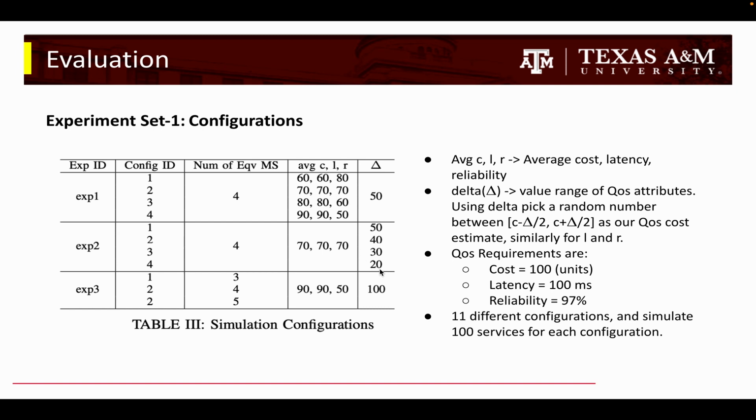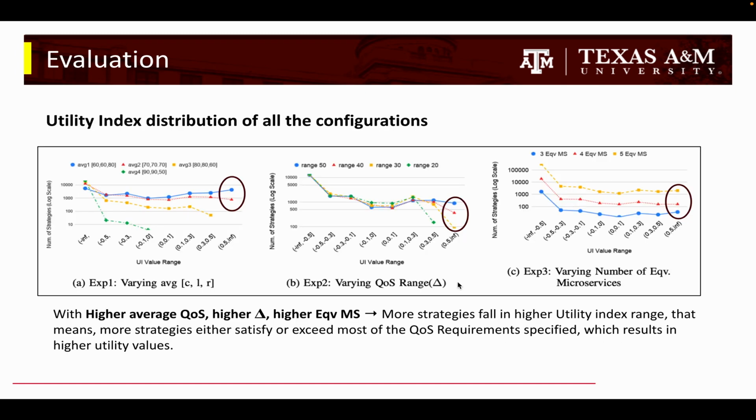In the second experiment, we vary the delta. In the third experiment, we vary the number of equivalent microservices. And these are the QoS requirements which need to be met on all the configurations. If we look at the utility index distribution of all the configurations, in experiment A, in figure A, we vary the average QoS estimates.